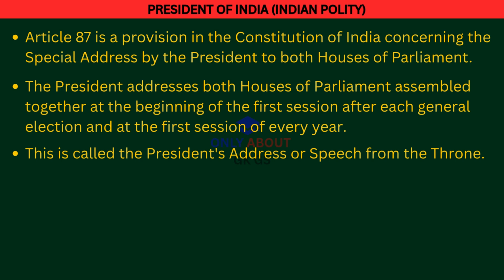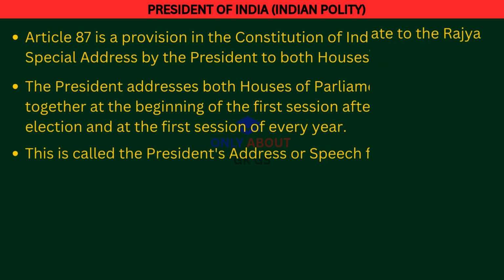The President addresses both Houses of Parliament assembled together at the beginning of the first session after each general election and at the first session of every year. This is called the President's address or speech from the throne.